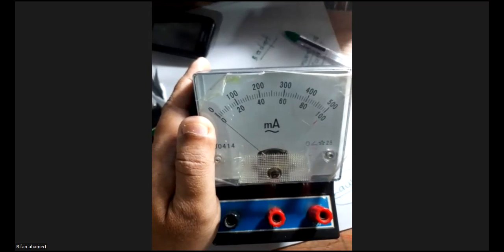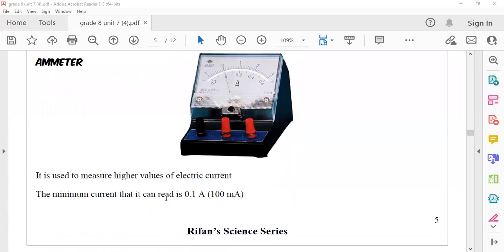In an ammeter, the minimum current you can read is 100 milliampere, which is 0.1 ampere.